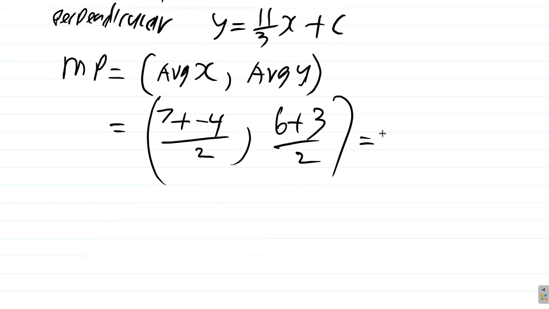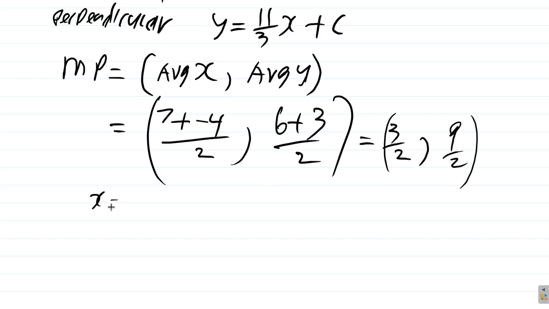So this is 7 minus 4, which is 3. 3 over 2. 3 over 2 is what? 1.5. So you have 1.5, comma, and then let's keep it as a fraction now. 3 over 2, comma, 6 and 3, 9 over 2.